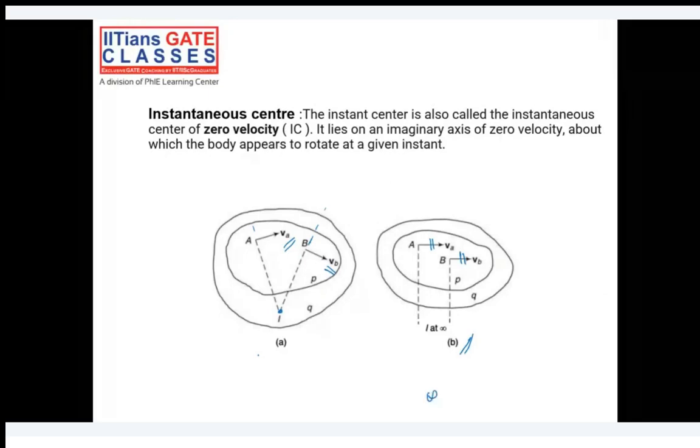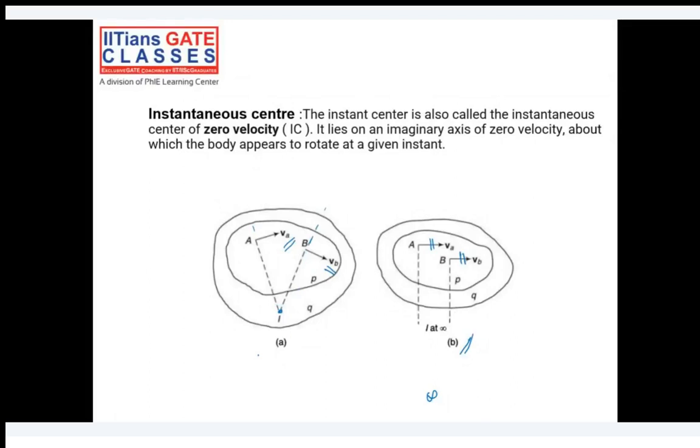It means that this body P is rotating about a circle with a radius of infinity. Do you agree? So it's like this body is rotating at some radius here, this r. This is a radius of rotation, but here it will be an infinite radius of rotation, right? Because our I center itself is at infinity.